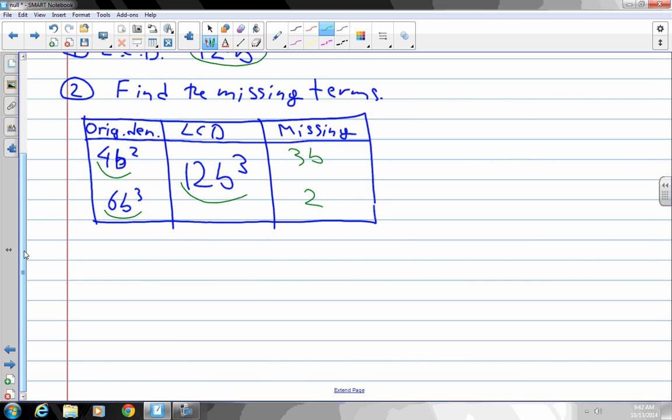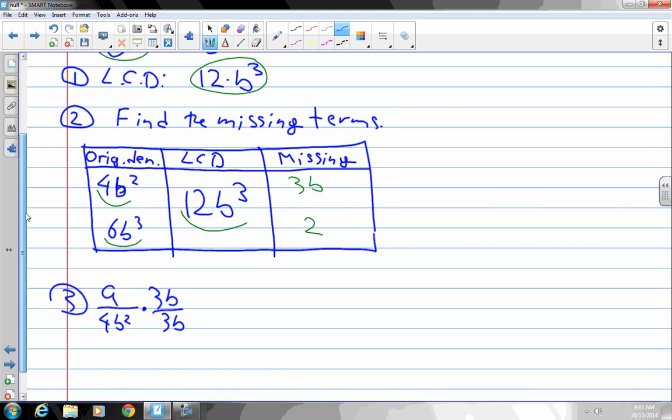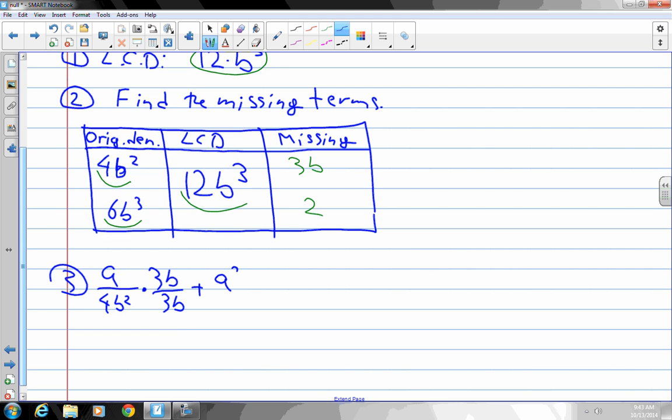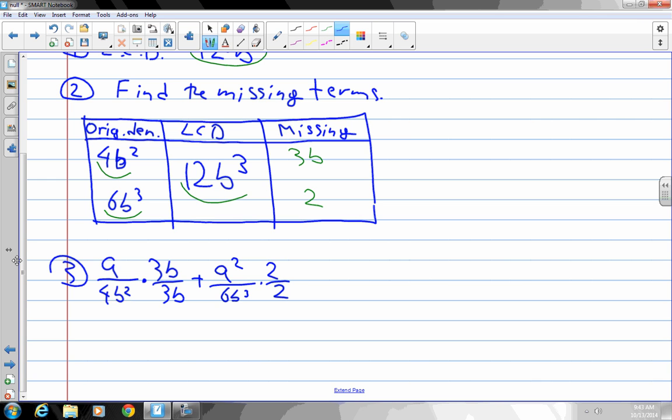So the third step here, we're going to take the original problem, a over 4b squared multiplied by the missing expression, 3b over 3b, plus a squared over 6b cubed multiplied by 2 over 2. And you do the same thing with the numericals anyways.